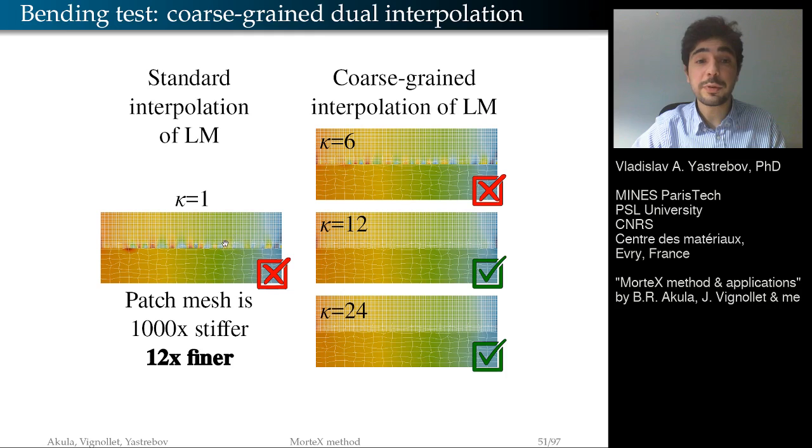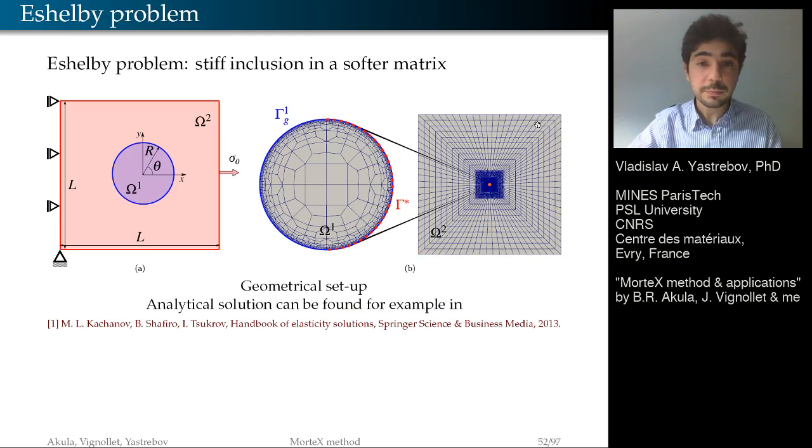And the same for an even finer patch, 12 times finer: starting from kappa equal to 12, we recover a nicely smooth stress field without any spurious oscillations, which are still present for kappa equals 6 in this case. So it's easy to understand: kappa should be selected locally in a sense that the number of dual degrees of freedom is kind of equal to the number of primal degrees of freedom in the host. That's the idea. Let's show it in a more quantitative way.